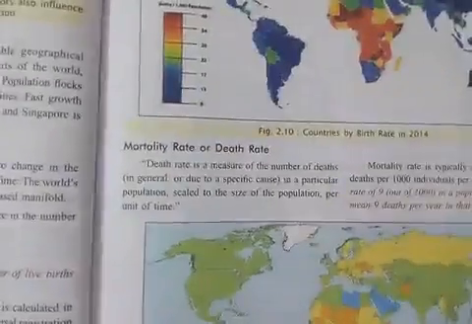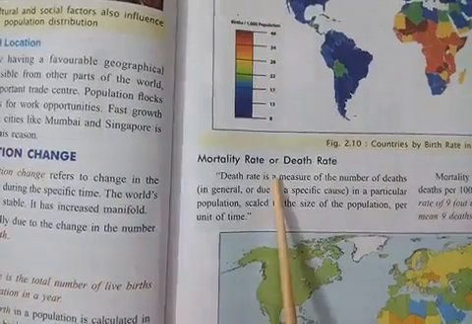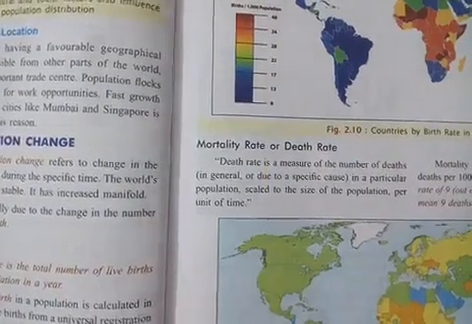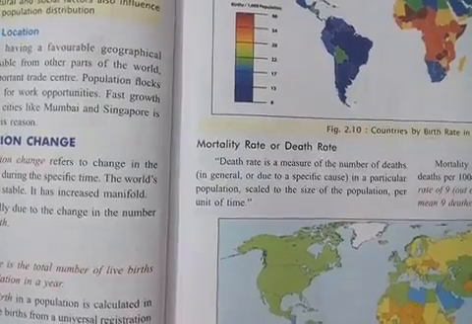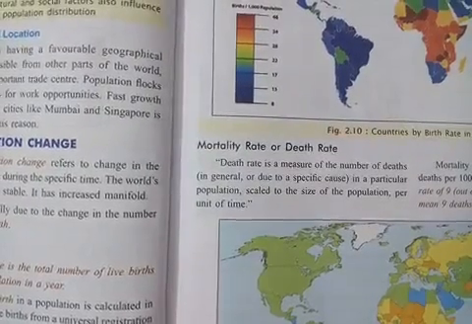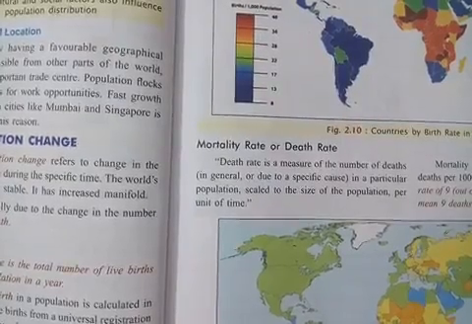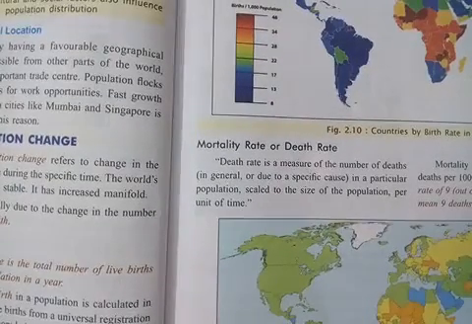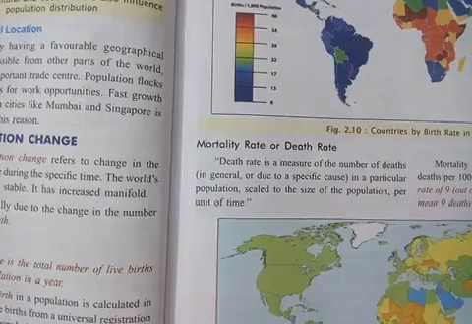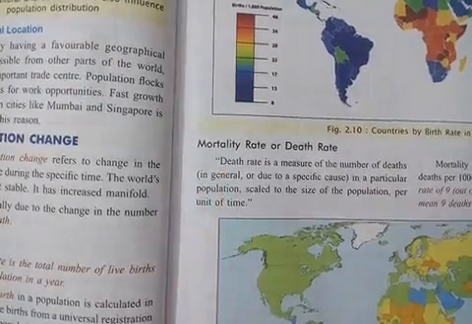Next, I will explain the mortality rate or death rate. What is the mortality rate? The number of people who die per 1000 population is usually called the death rate, and this death rate is also called the mortality rate.